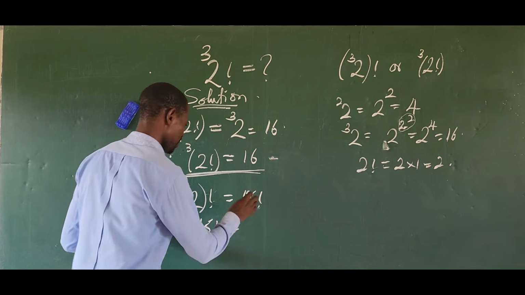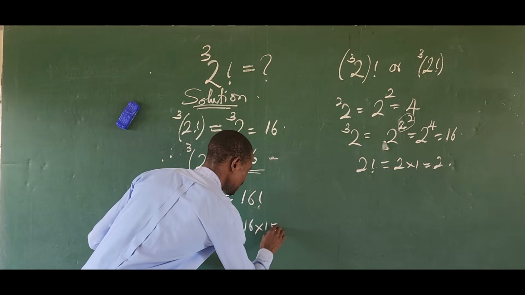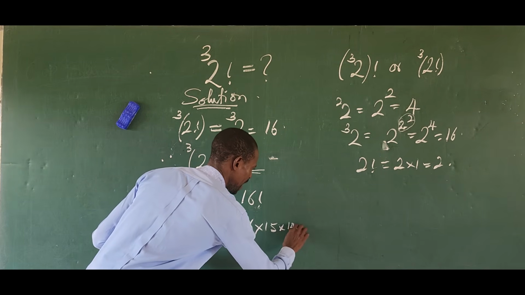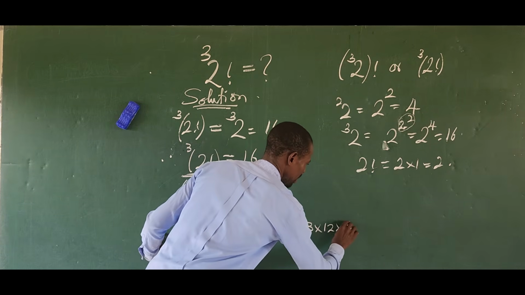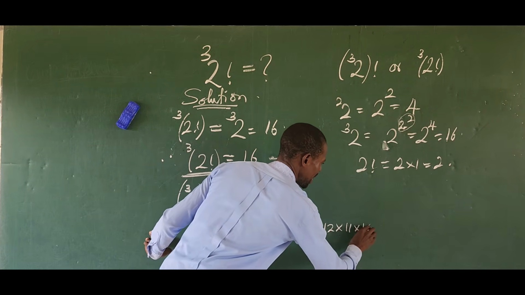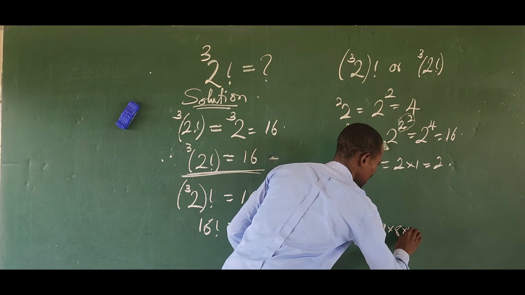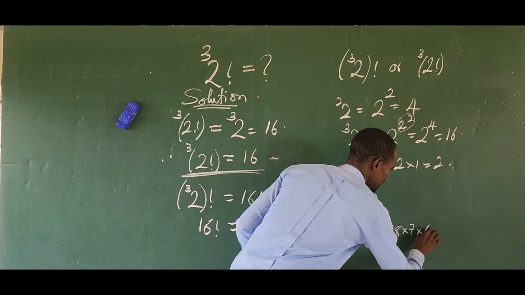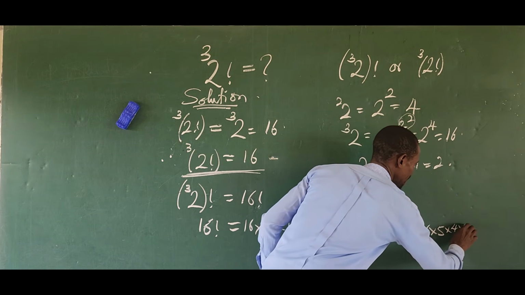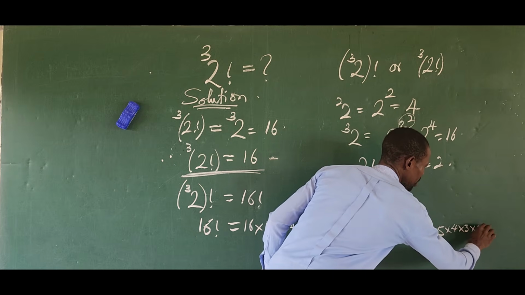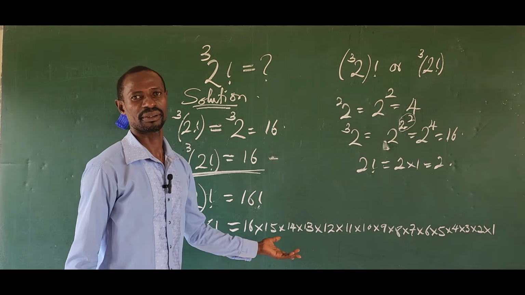It's a large figure. This is going to give us 16 times 15 times 14 times 13 times 12 times 11 times 10 times 9 times 8 times 7 times 6 times 5 times 4 times 3 times 2 times 1. This is a very large figure.